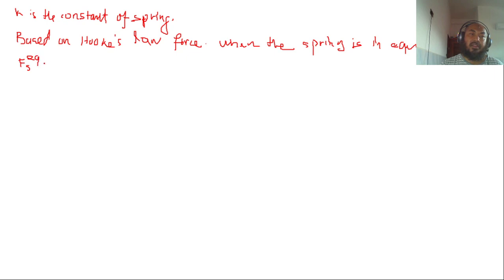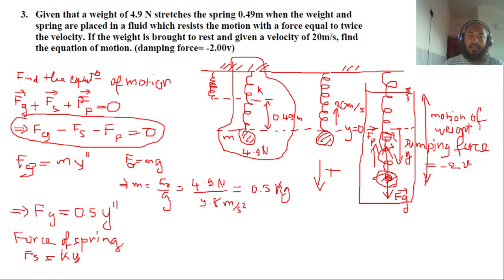So Fs during the equilibrium state is equal to K multiplied with X. So where is the X? Let's say X is equal to this one.